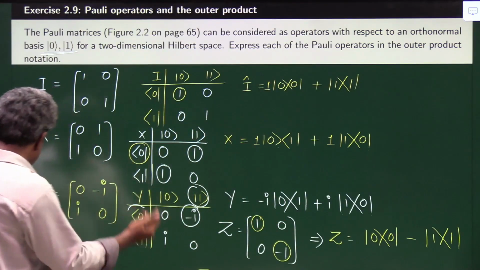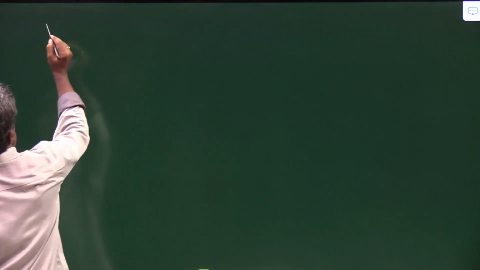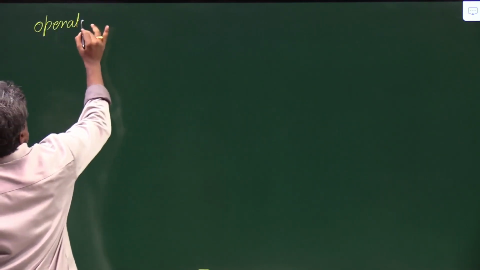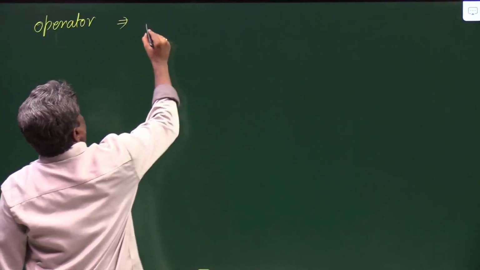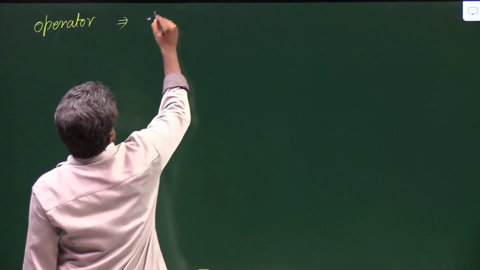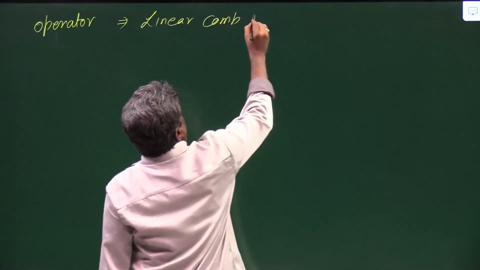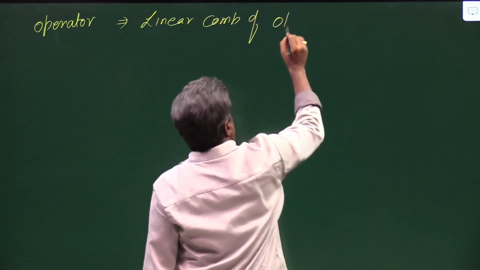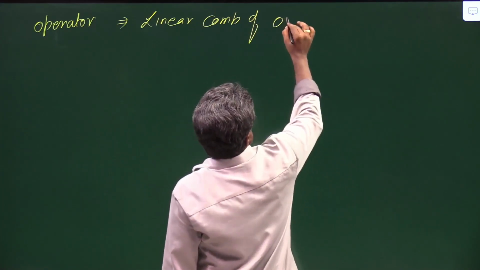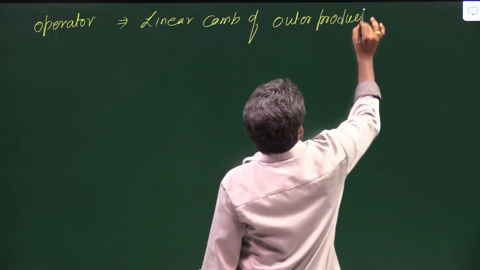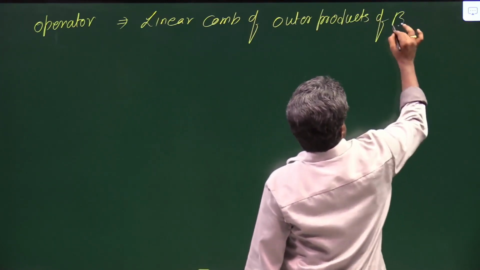Let us try in another way also. Whenever you have some operator, any operator can be written in outer product form. That means a linear combination of outer products of base states.